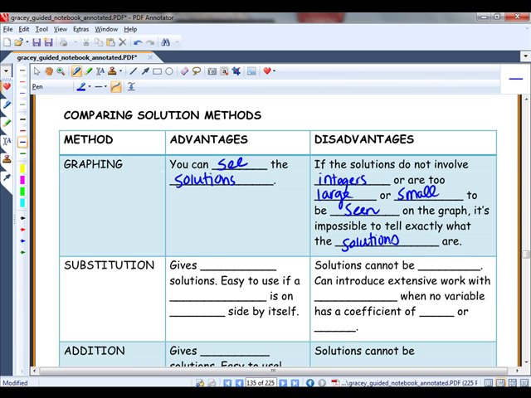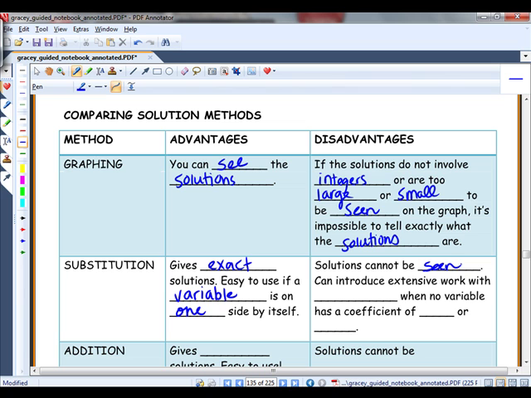Substitution method gives exact solutions. Easy to use if a variable is on one side by itself. Okay? Disadvantage. Solutions cannot be seen.